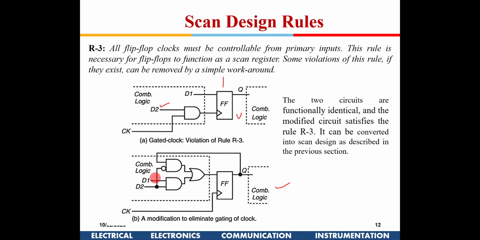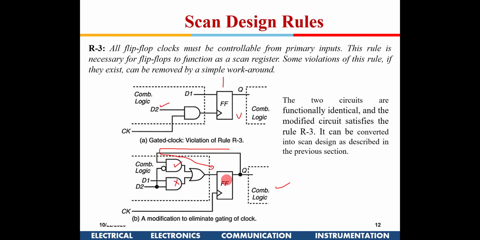If you see here, when D2 is 0, this gate is disabled, right? And you have an OR gate, and this Q is available, and you have a Q coming here, right?